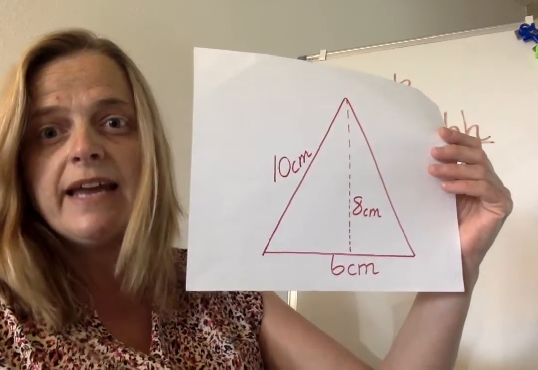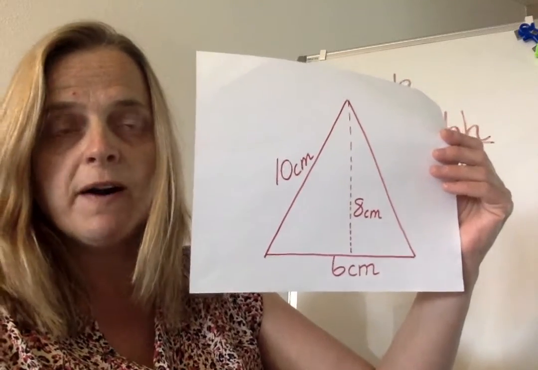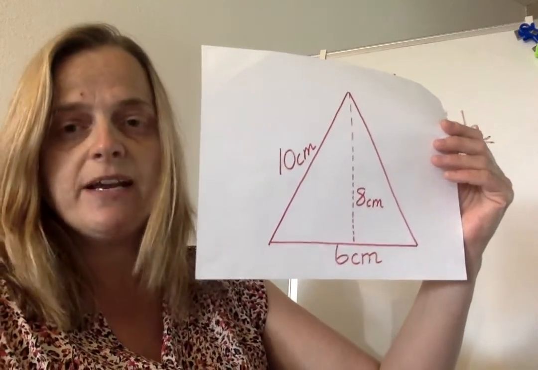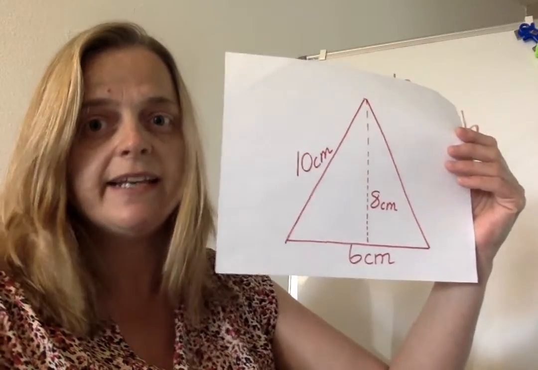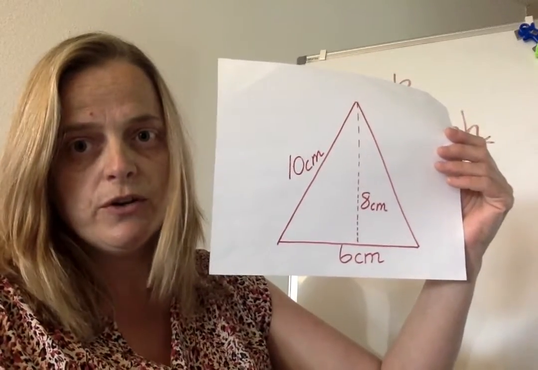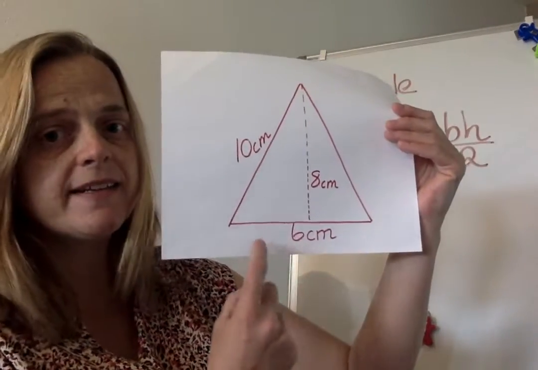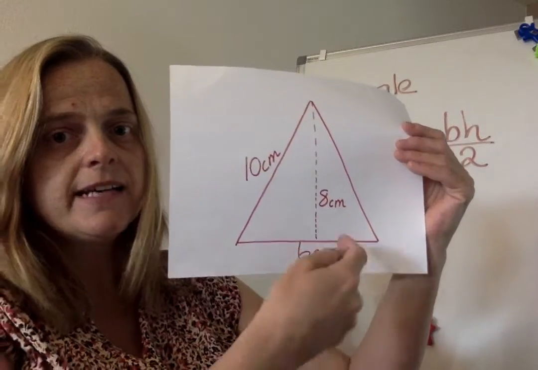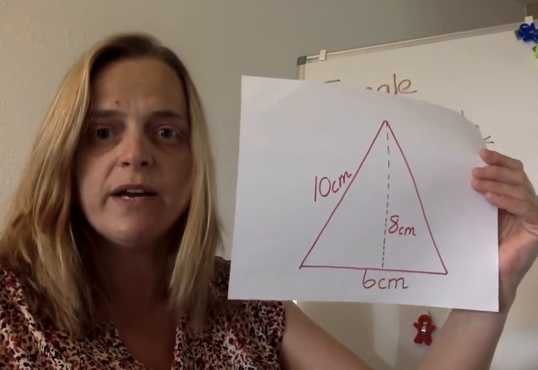Area then would be half of the base times the height, or base times height divided by 2. So in this case, 6 times 8, which is 48, divided by 2, which will be 24. Or you could do half of 6, which is 3, times 8. 3 times 8, 24 centimeters squared.